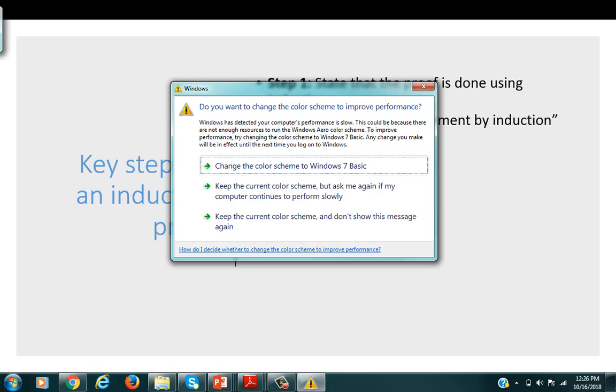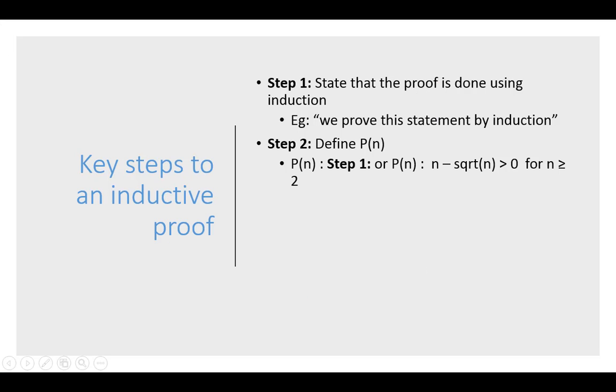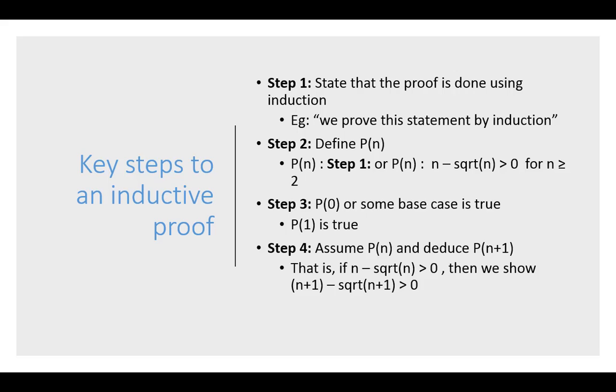For example, you can say the proposition P(n) is that 2^n is greater than the square root of n, something like that, for n greater than or equal to 2. Step 3 is that we have to show P(0) or some base case is true. So in this case, we're going to show that P(1) is true because we can just easily see that 2 is bigger than the square root of 2.